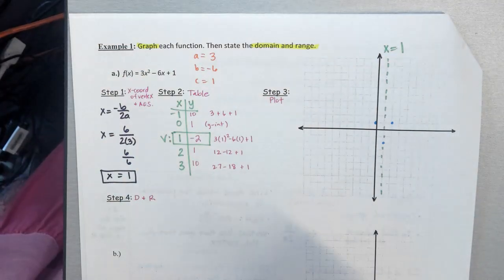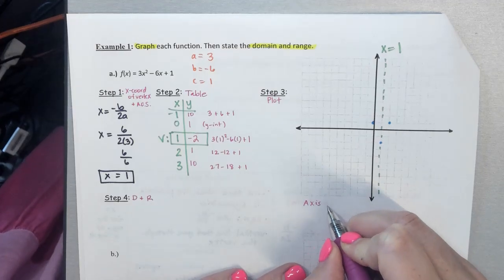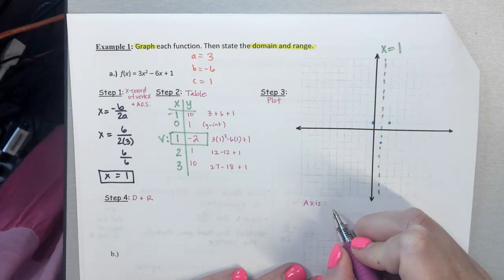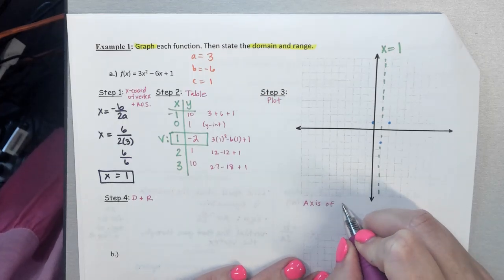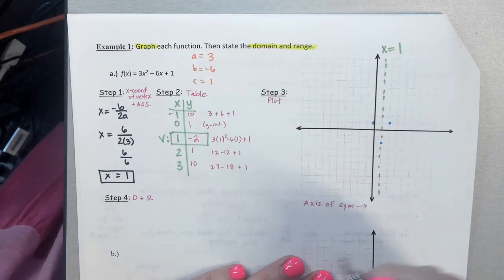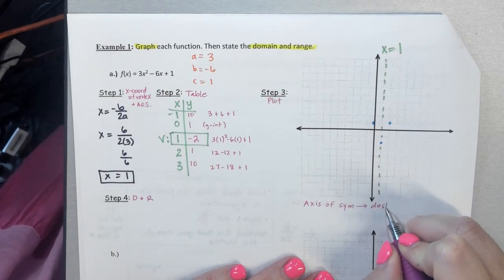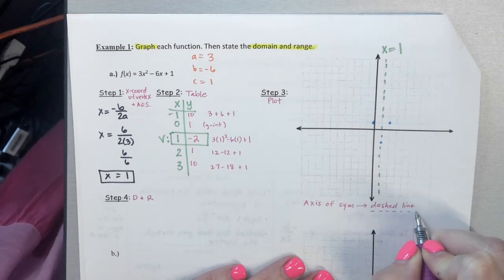Did you guys have to do your axis of symmetry in Algebra 1? You did? Okay. As a reminder, your axis of symmetry is going to be a dashed line, which shows it's not part of the actual curve.